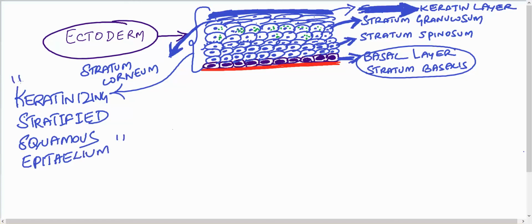Okay, now you all know the type of epithelium in the skin. It is a keratinizing stratified squamous epithelium.